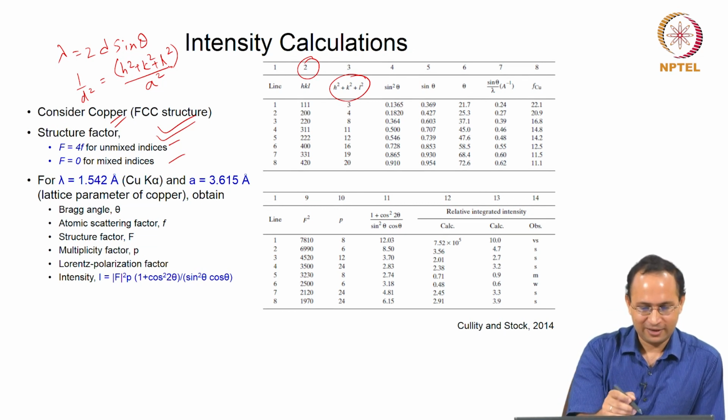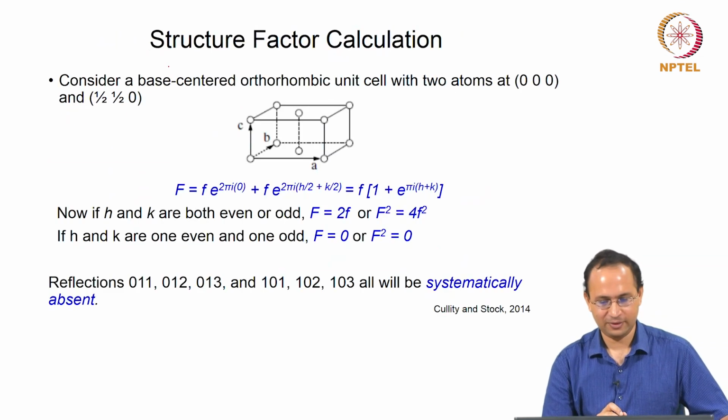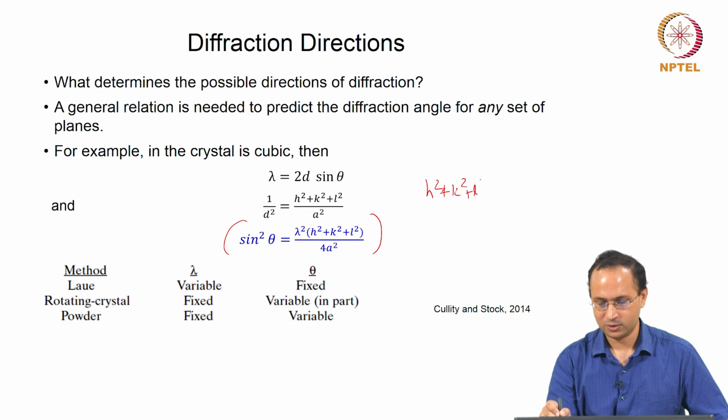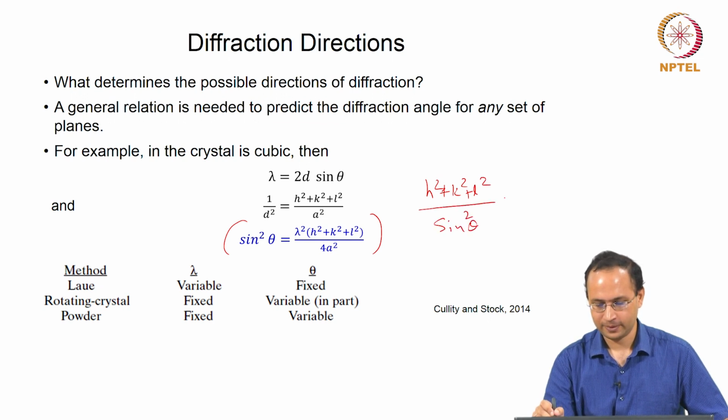Basically, if you do the calculation further you will find this expression, or you can write it as h square plus k square plus l square over sin square theta is equal to 4a square over lambda square.